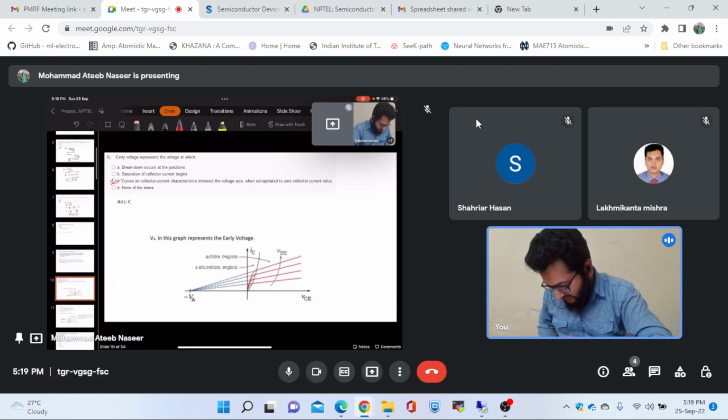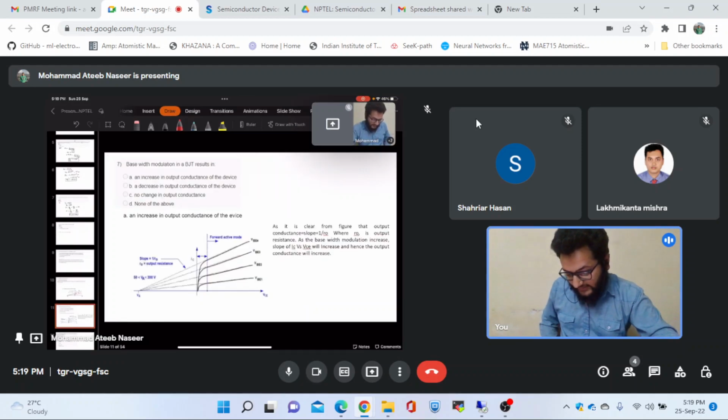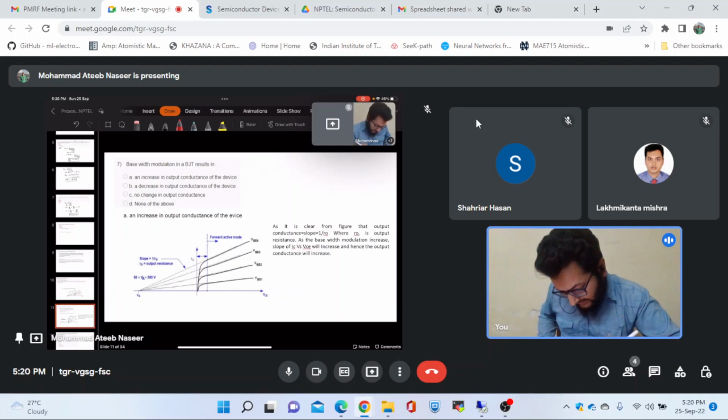Now let's move towards another statement. It states that if we have base width modulation in a BJT, what would happen to the conductance?